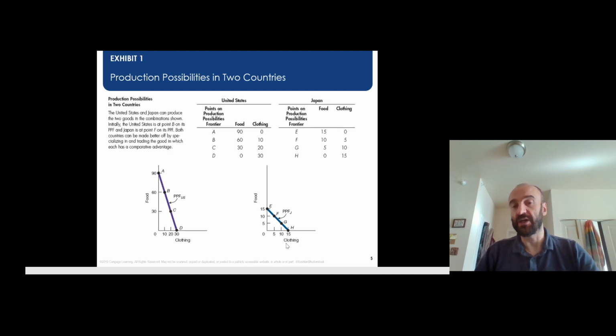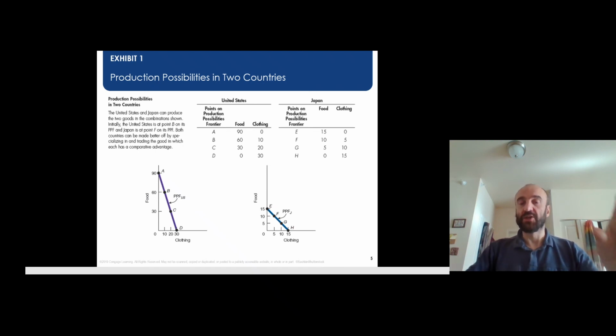So that means that China should be working 100% to produce clothing, and America should be working 100% of the time to produce food. So what will the result be? The result will be that consumption increases if China and America specialize and then exchange their surpluses.